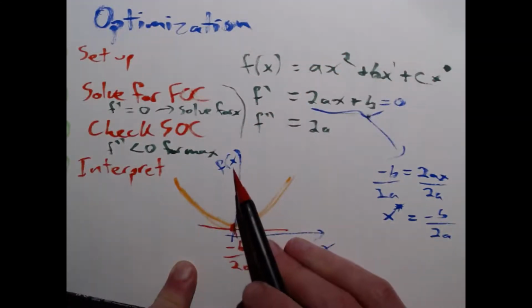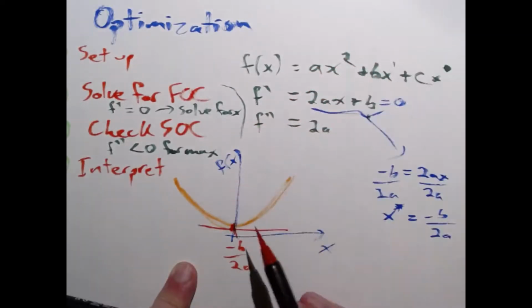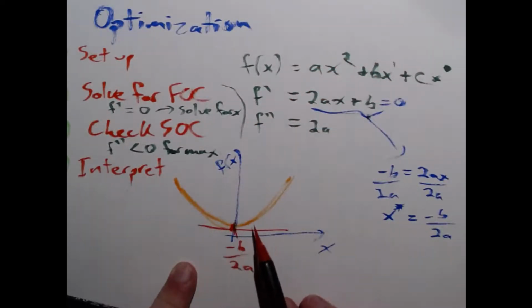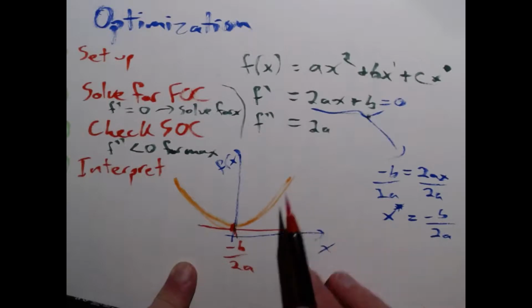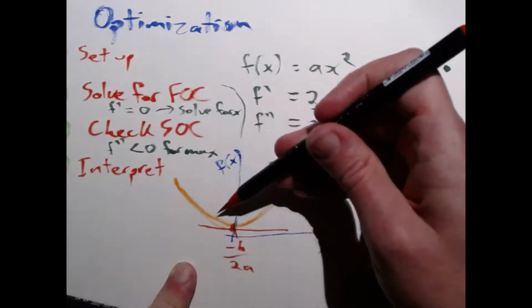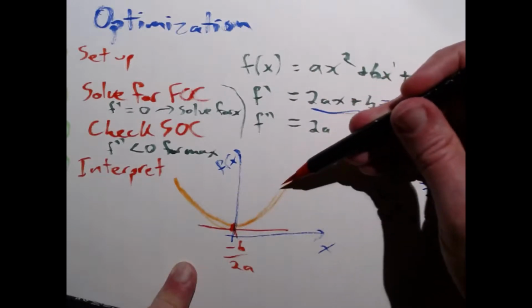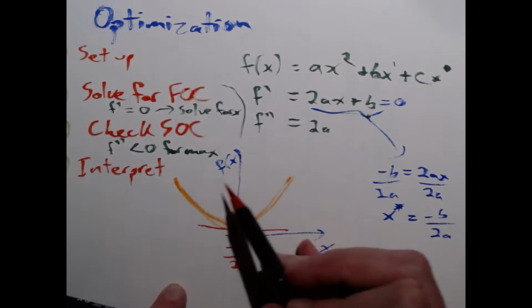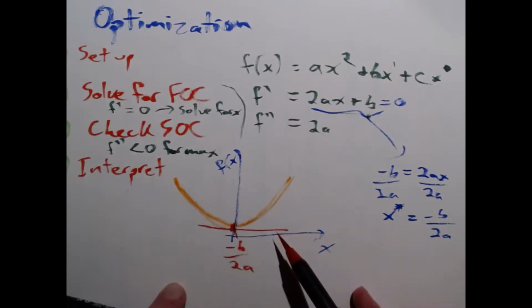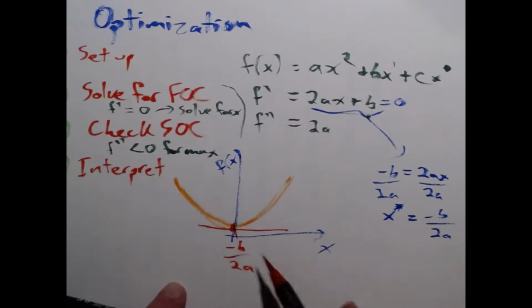Whatever f of x is, whatever interpretation we want, it's getting smaller, and then it hits 0, it flattens out, and then it gets bigger, right? This is what we mean by a minimum, right? It gets smaller, it stops getting smaller, it hits the smallest value it has, and then it gets bigger. Or if we had a parabola that opened downward, we would get bigger, 0 out, then get smaller.